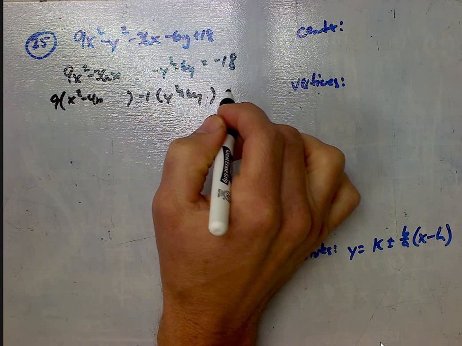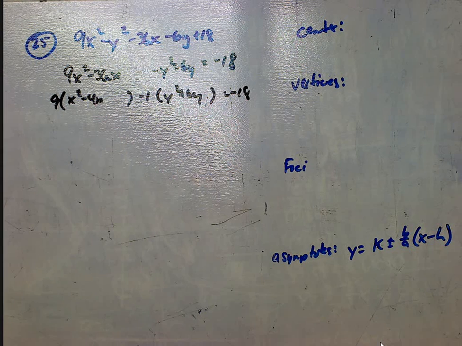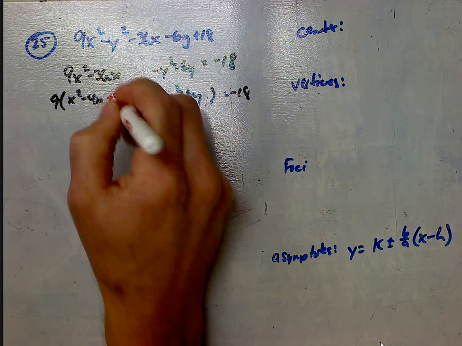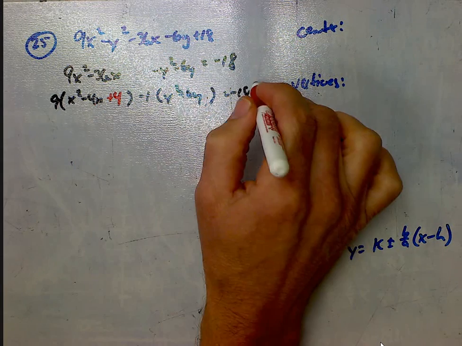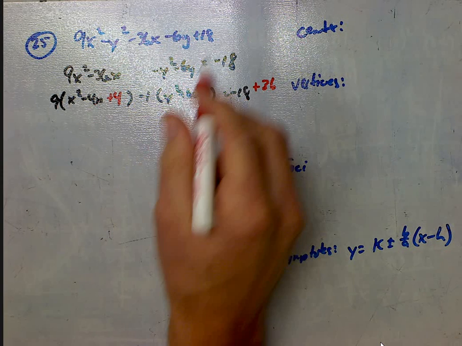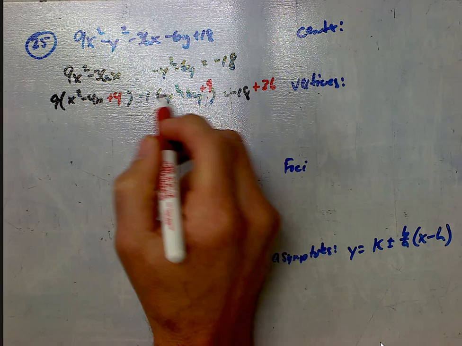When I complete the square, 4 divided by 2 is 2, plus 2 squared is 4, so that makes positive 36. Add 36. 6 divided by 2 is 3, square it, you get 9, but negative 1 times 9 makes it negative 9.